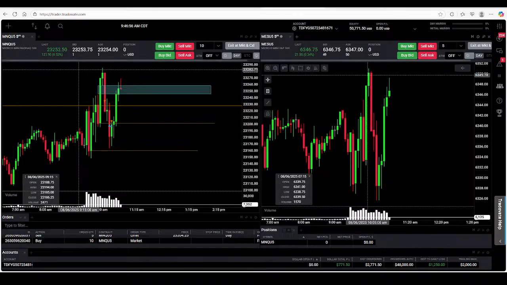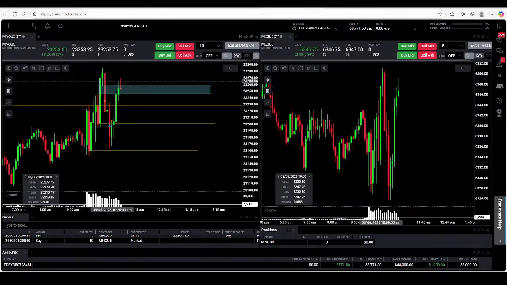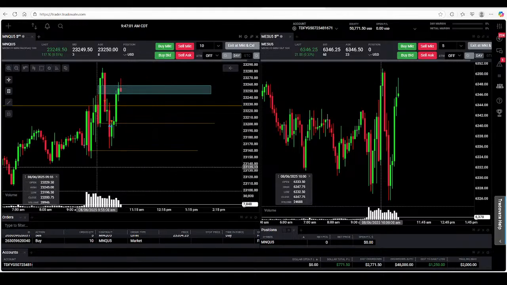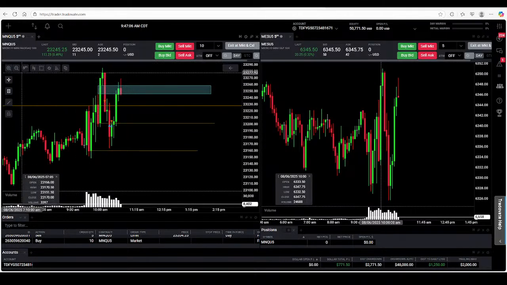At this point, I would really like to see an expansion, a range expansion. I'm not really wanting to take another trade within this range, so I would like to see a range expansion.